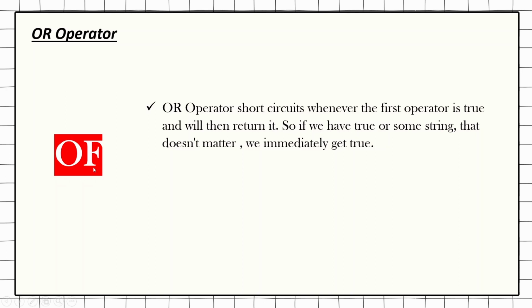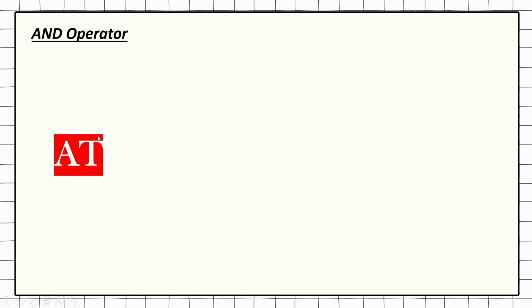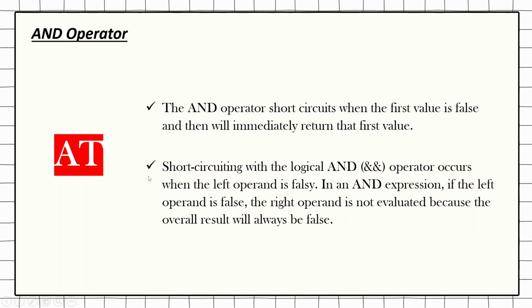When our first value is true in AND, the second operand will be displayed. Similarly, for OR, when our first operand value is false, the second value will be displayed. That is the reason I mentioned OF and AT, so that you will remember for a very long time.